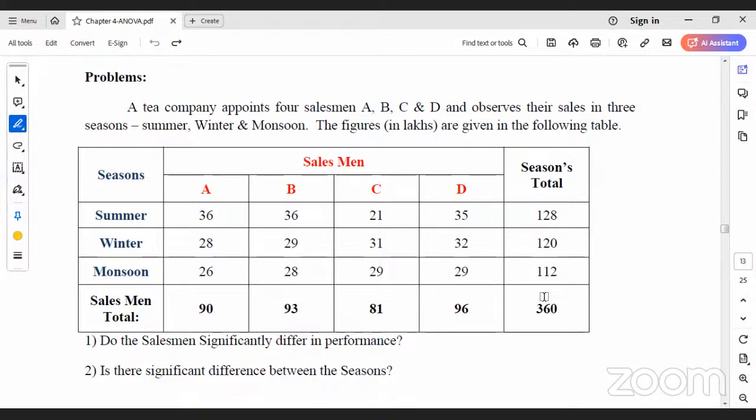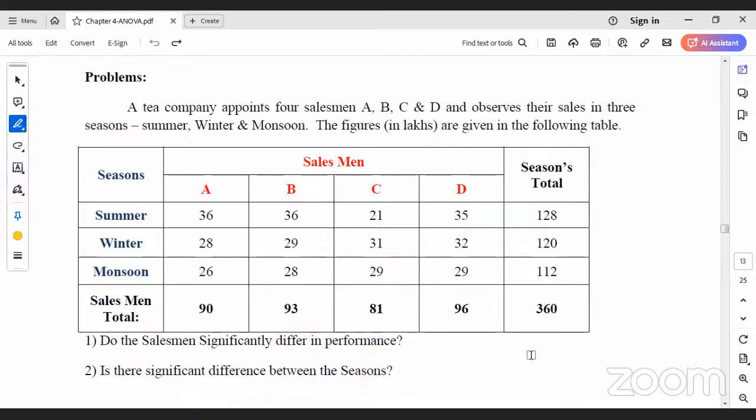Salesmen, seasons. Seasons: summer, winter, monsoon. Salesmen total, then here seasons total. A, B, C, D: 36, 28, 26, 36, 29, 28, 21, 31, 29, 35, 32, 29.